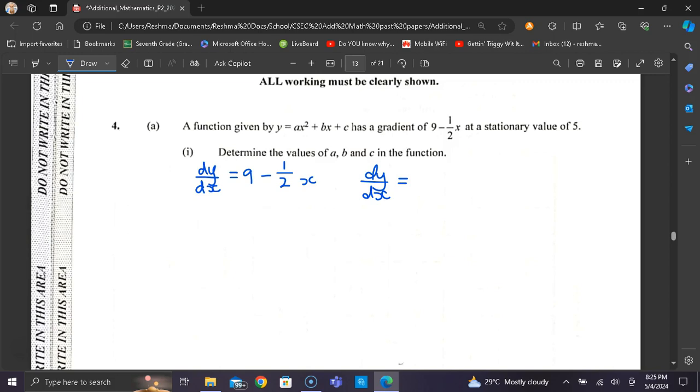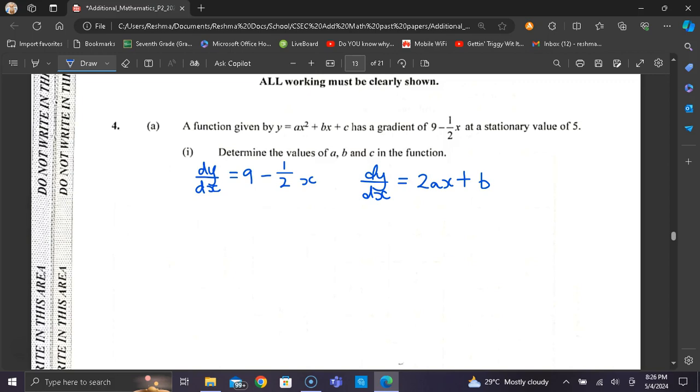Differentiating ax squared gives 2ax, differentiating bx we get b, and of course the differential of a constant is 0.